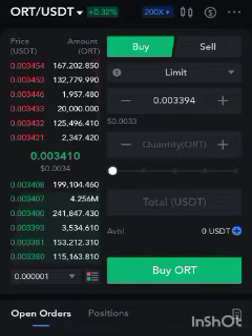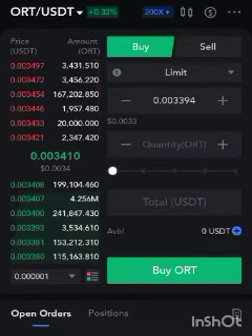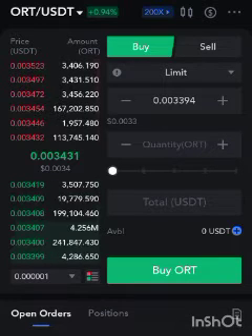Now, you have your limit orders and your market orders. While both orders are very good, I'll still advise you to go for your limit order so that you can see the exact amount of coins you are getting, and it will better help you in your capital and profit fee deductions as well.